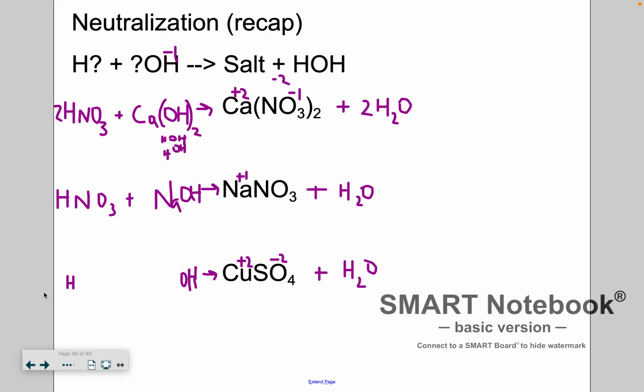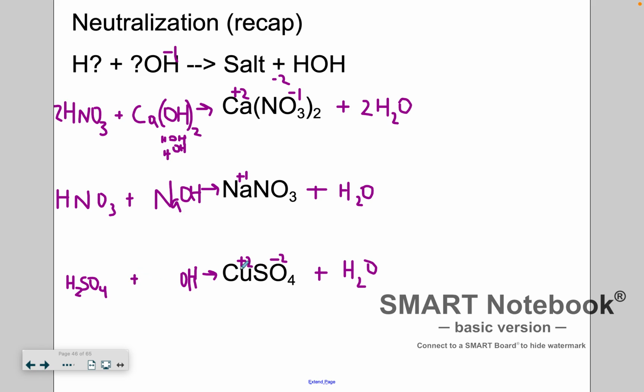Which one's going where? Well, hydrogen has a +1 charge, so it's going to bond with an anion, so it's going to be SO4. However, do these balance? If SO4 has a -2 charge and hydrogen has a +1, they do not. So that means I need 2 hydrogens to get to a +2, so it cancels out the -2 of SO4.